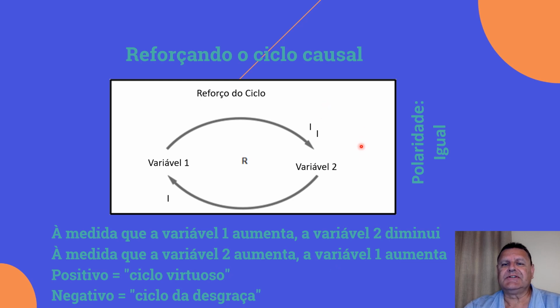So a reinforcing loop can be either in a positive way or a negative way, but the function is the same. Variable 1 increases, variable 2 increases, variable 1 increases. Or as variable 1 goes down, variable 2 goes down, and as variable 2 goes down, variable 1 goes down. That's the reinforcing loop.